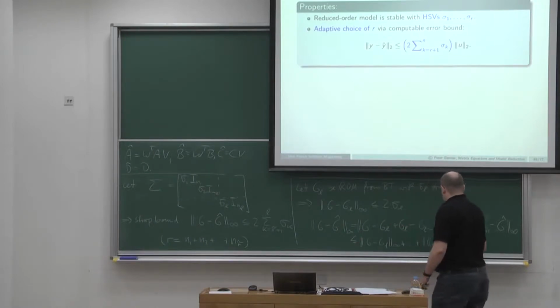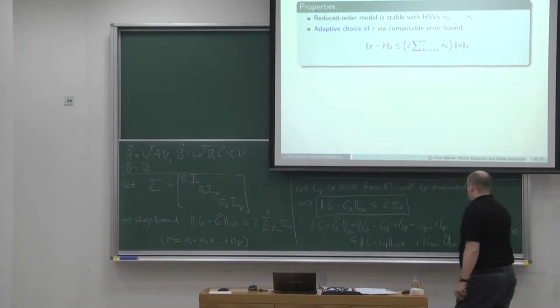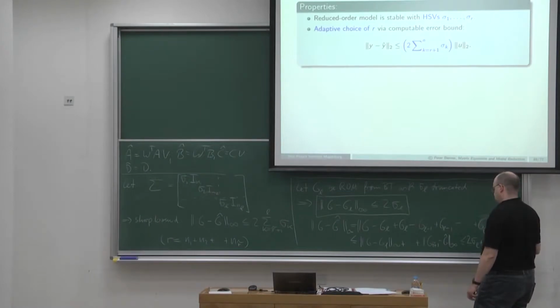And due to the lemma, or due to this result here, we obtain twice sigma L plus and so on plus 2 times sigma r tilde plus 1.